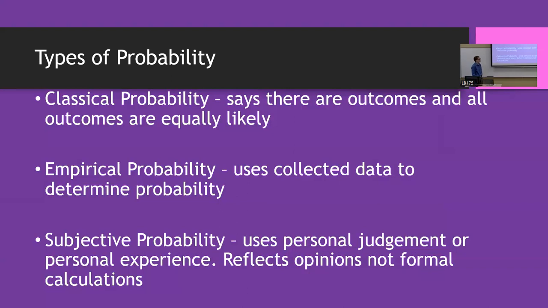So classical is equal outcomes, empirical uses collected data. Subjective is more of an opinion and educated guess kind of probability.